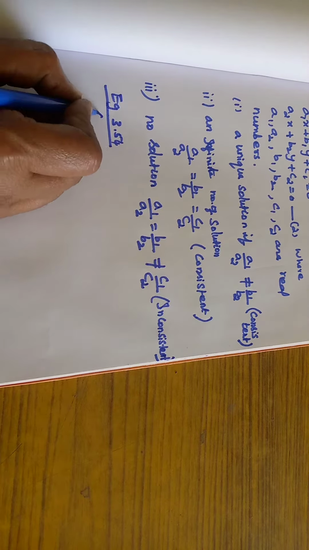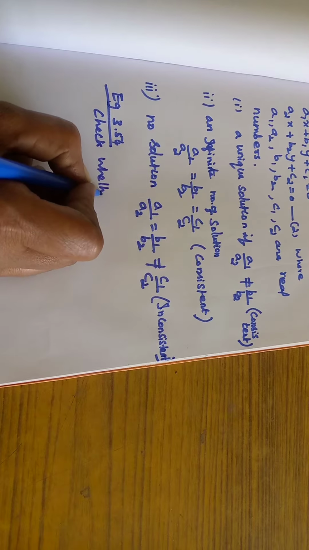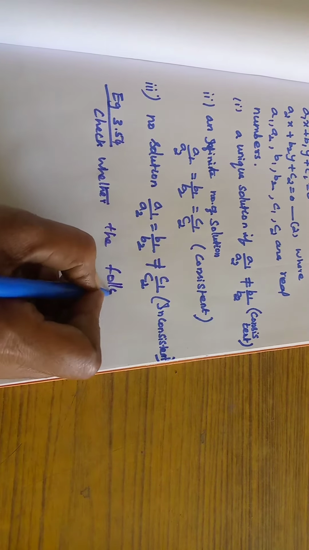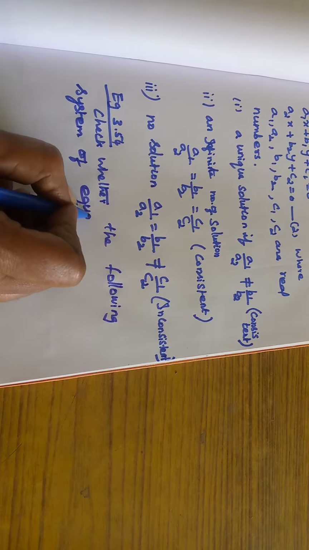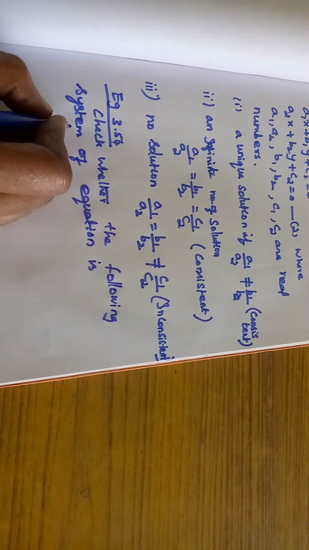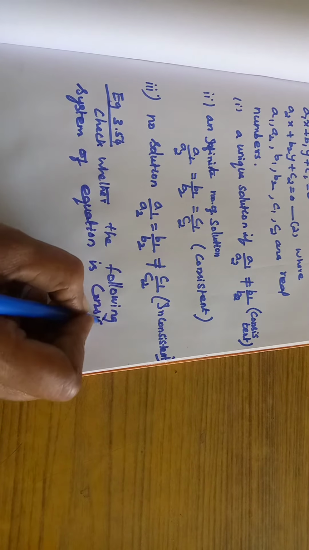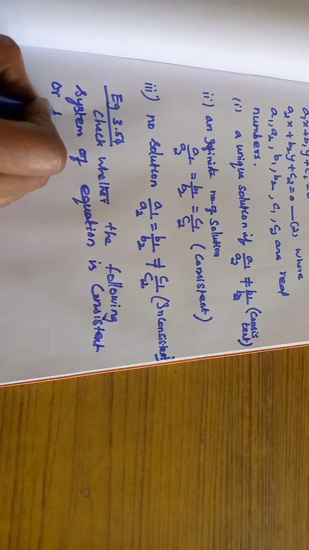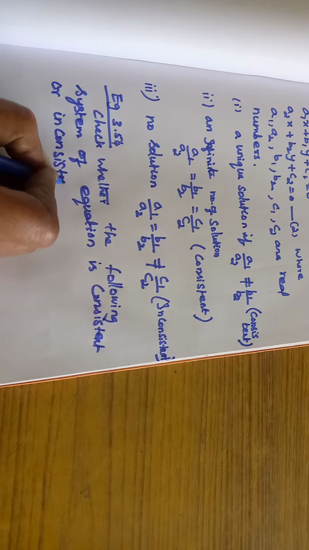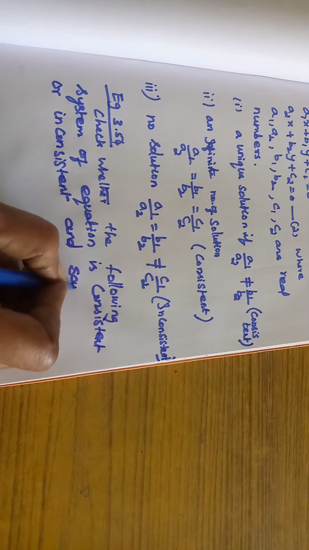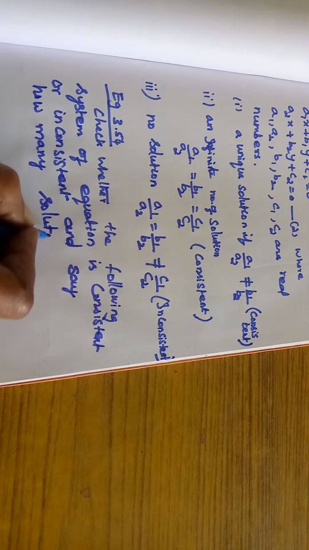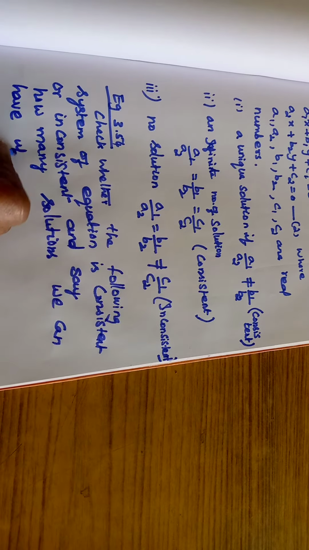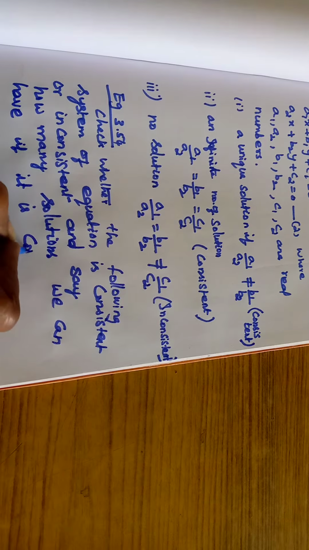Check whether the following system of equations is consistent or inconsistent, and say how many solutions we can have if it is consistent.